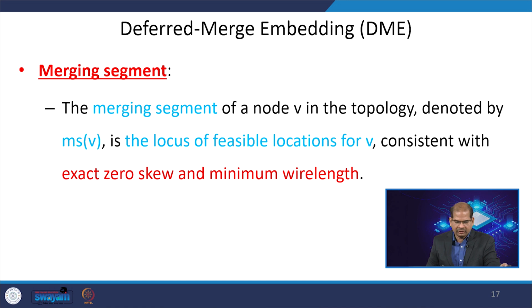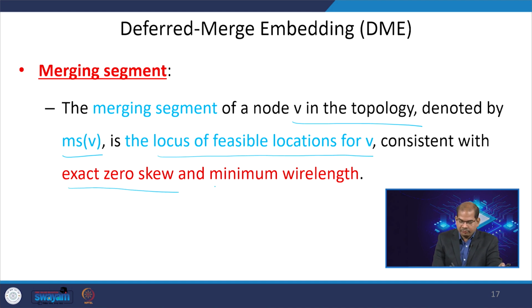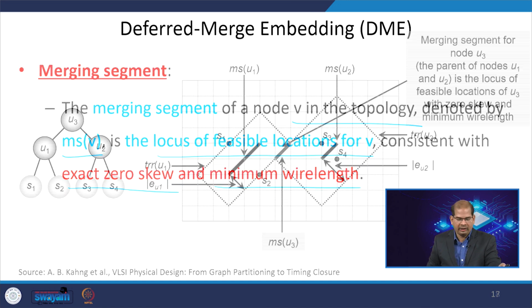Now, there is a concept called merging segment. This is very important. The merging segment of a node V in the topology, denoted MS of V, is the locus of feasible locations of V consistent with exact 0 skew with minimum wire length.